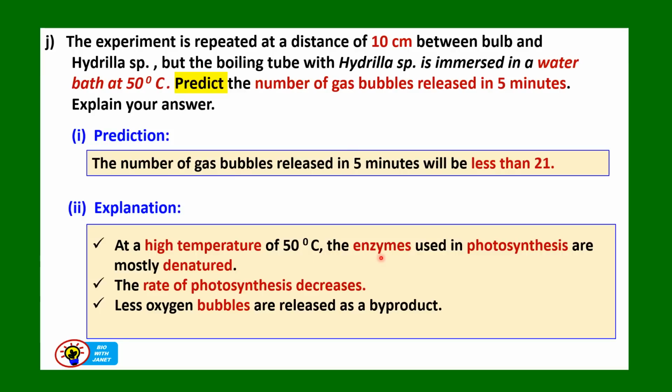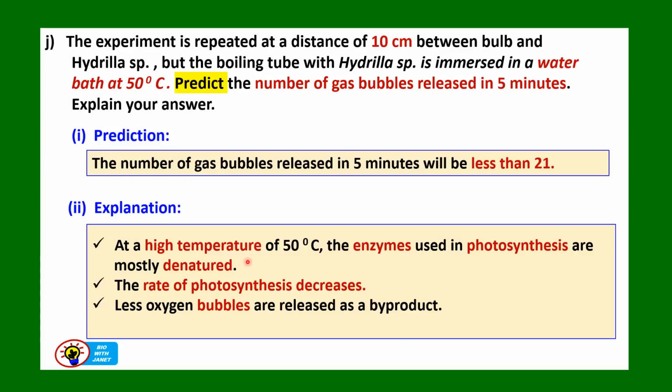Okay, so photosynthesis requires the use of enzymes to catalyze the reaction of photosynthesis. So the enzymes are affected by temperature and they are sensitive to temperature changes. So if the temperature is too high, the enzymes will be denatured. That means their original structure is destroyed and changed, and the polypeptide chains will unravel.